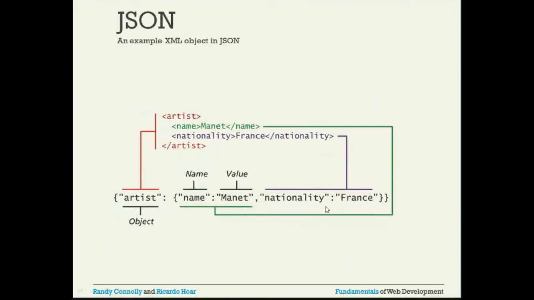Inside that, we will have the name value pair, or key value pair, separated by a comma. You can see the first one is the name with double quotes, colon, then the value. If it is text, it will have double quotes. If it is not text, let's say it is a number, then you just have the number. Then comma, inside double quotes nationality, colon, and the value is France, which is text.